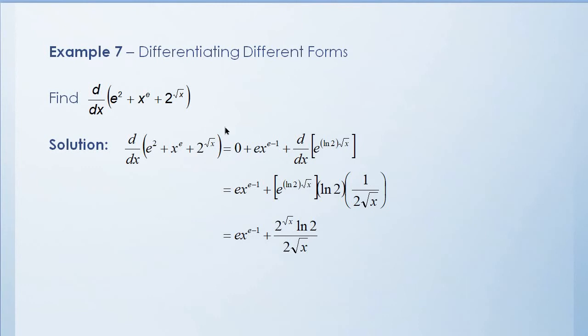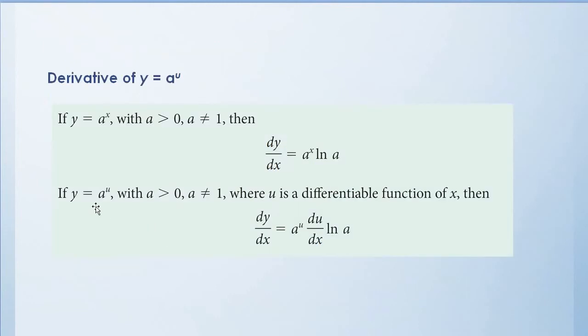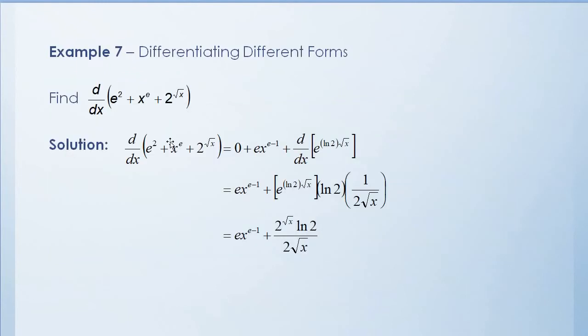Somehow, differentiate 2 power square root x, we have to apply this. If y equal to a power u, so differentiate it, we will get a power u du dx ln a. So a^u, which is, we just put back the same thing, 2 power square root x.